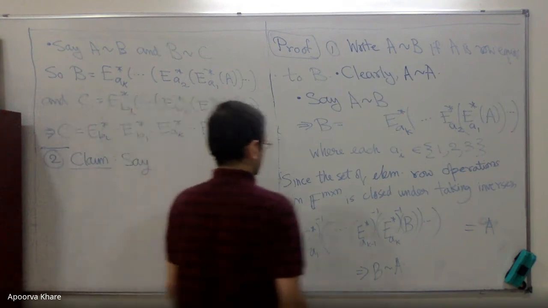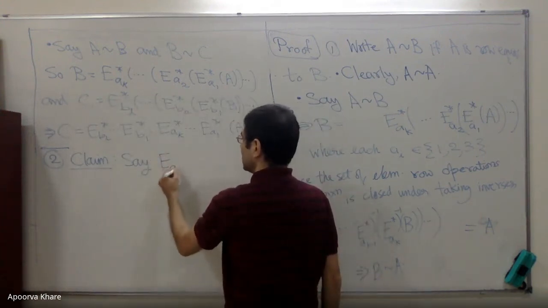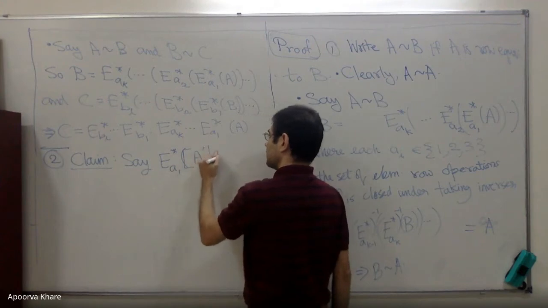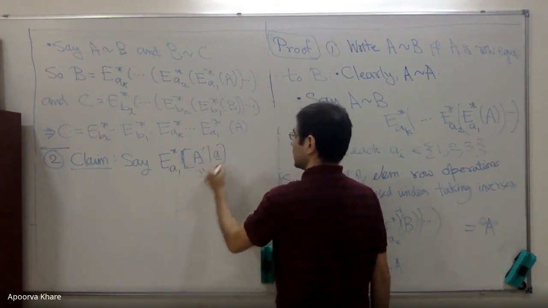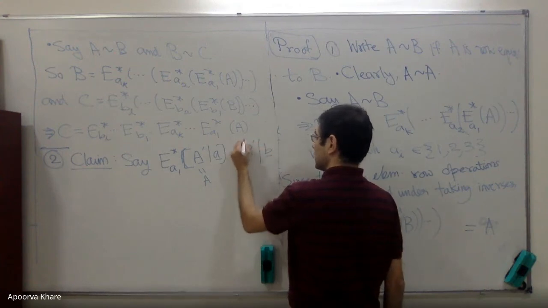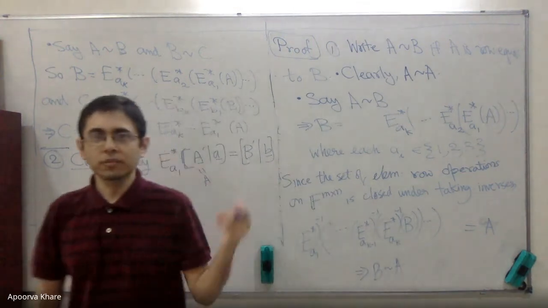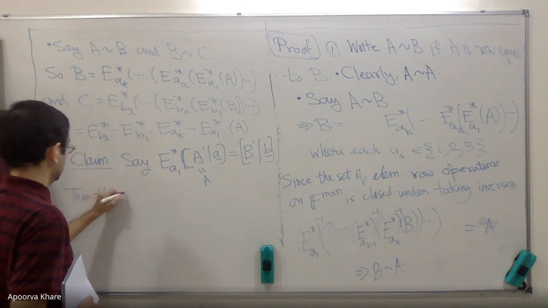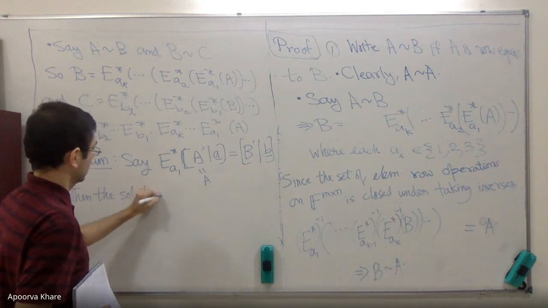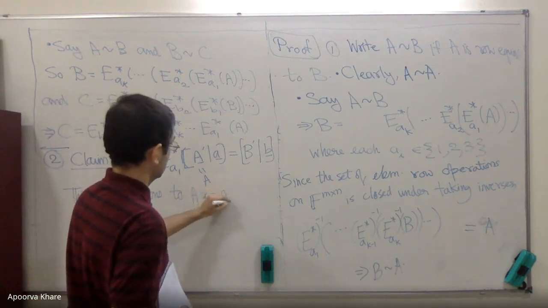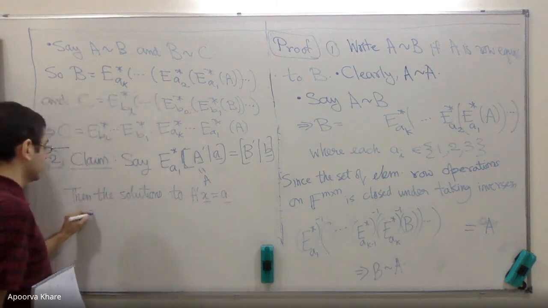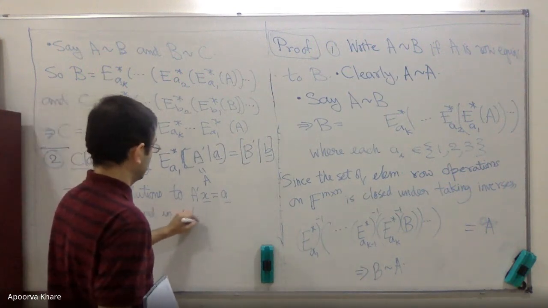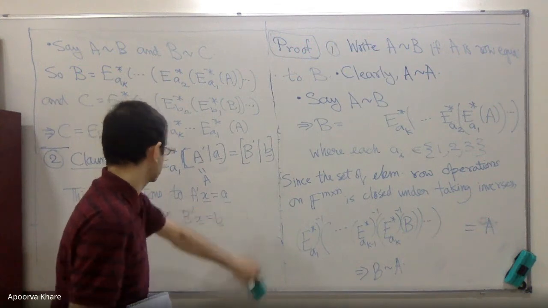Say some elementary matrix E_A1 star applied to the augmented matrix, let's say A prime and A, this is my matrix, equals B prime and B. Then the solution set of A prime X equals A is contained in the solution set of B prime X equals B. Sorry, not contained, are solutions of.